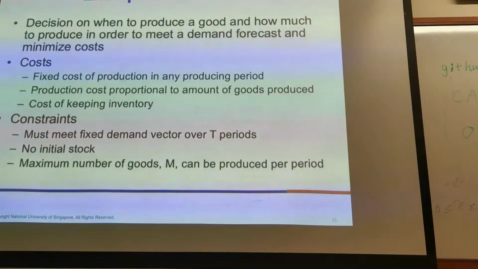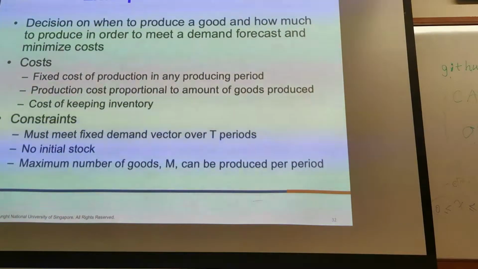You want to decide how to produce a product, when to produce, like the time, and how much to produce in order to meet a demand for cars and minimize cost. This is the most common type of operations problem, especially production planning and manufacturing optimization. And we say the cost will be the fixed cost of production in any producing period.